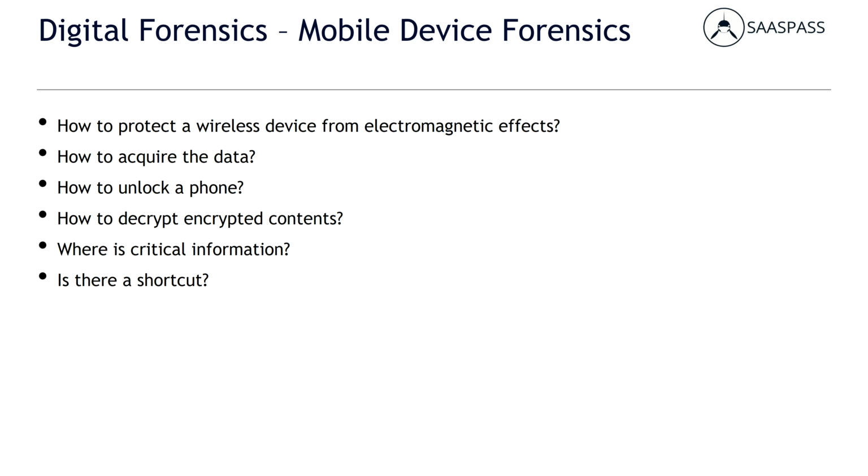Actually, there is a device that protects cell phones from electromagnetic waves in the same idea. These are called Faraday bags. These Faraday bags are actually something like evidence collection bags, but they are coated with conductive material.